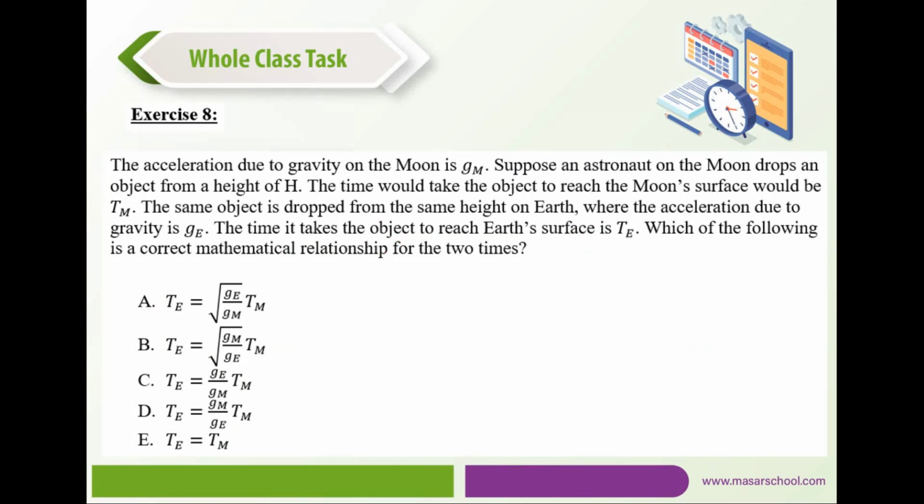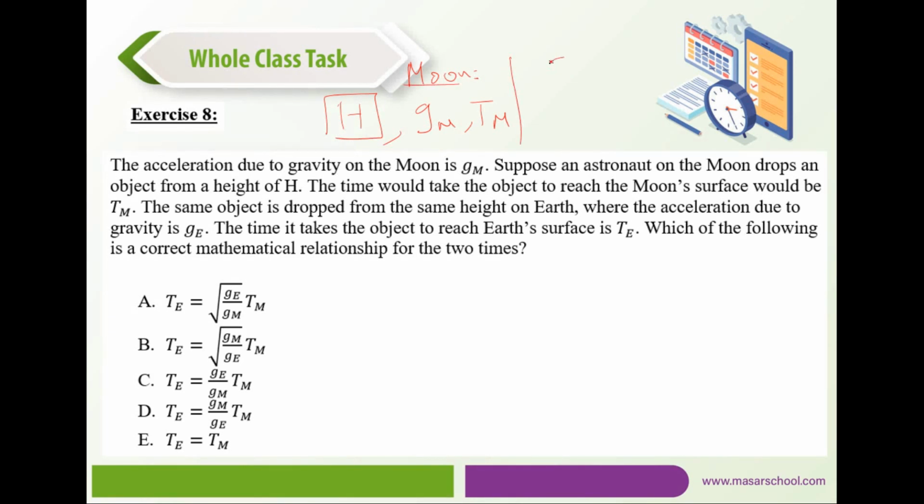Okay, exercise A. The acceleration due to gravity on the moon is gm. Suppose an astronaut on the moon drops an object from a height h. The time it would take the object to reach the moon's surface would be tm. The same object is dropped from the same height on Earth, so we have the same height. On moon, it's given by gm for a time tm. This is on moon.